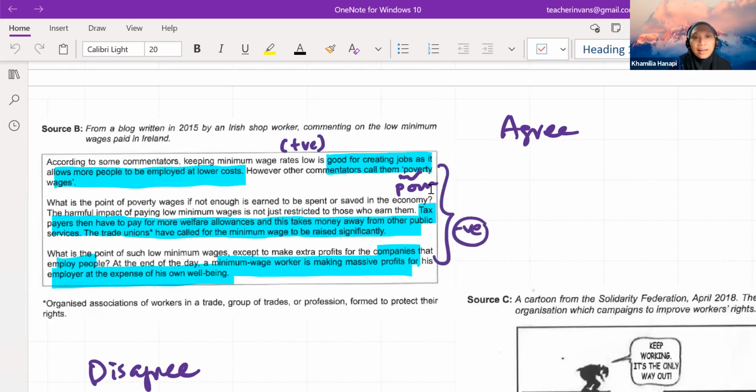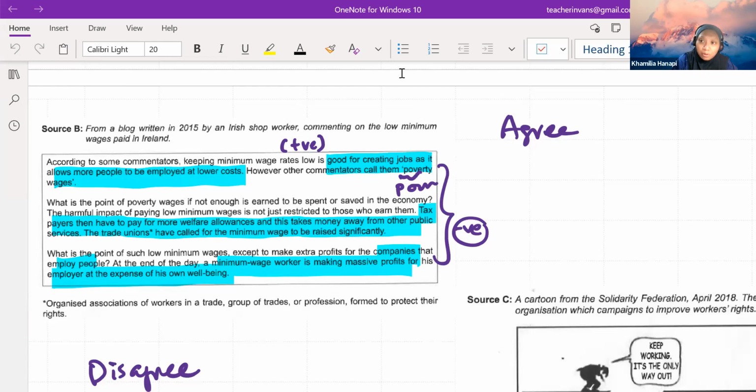This Irish shop worker is saying that there is a positive aspect: it creates more jobs. That means there is the possibility of having jobs, but at the same time, there is a lot more negativity to this particular minimum wage law.